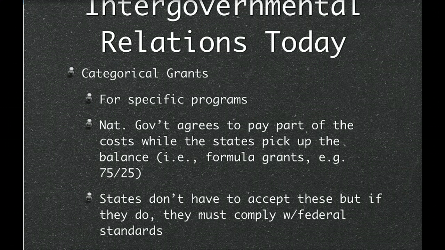It's now TANF, and something for needy families, and I can't remember what the T and the A stands for. And because of the giganticness of these two programs, they account for almost 85% of the total spending for categorical grants. Just those two things.